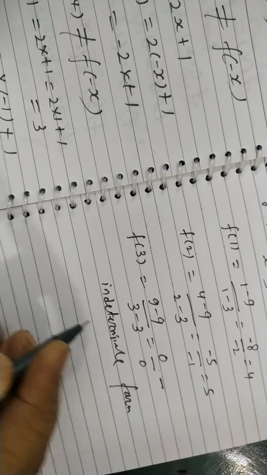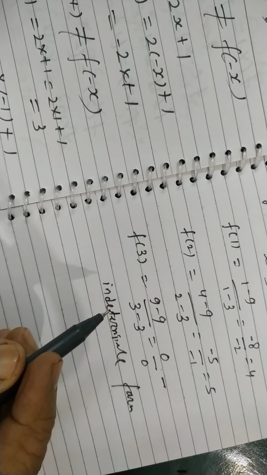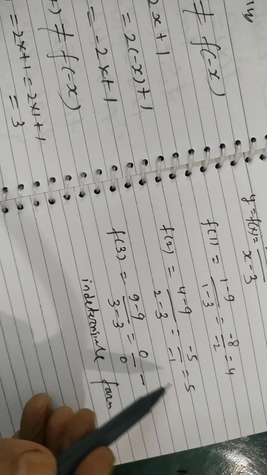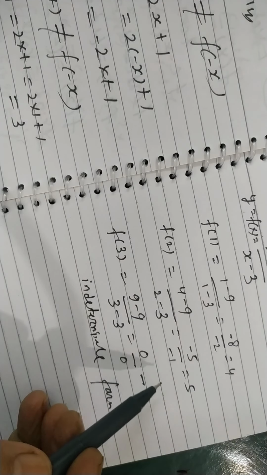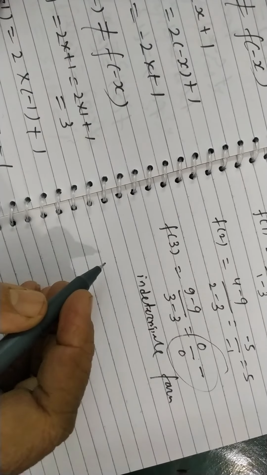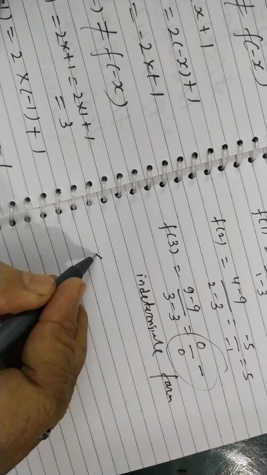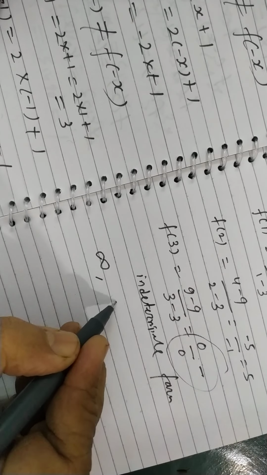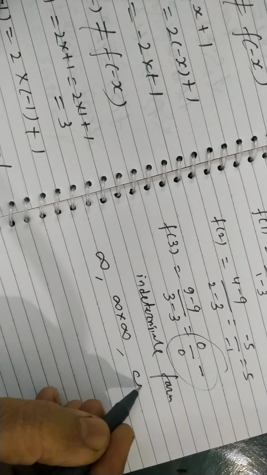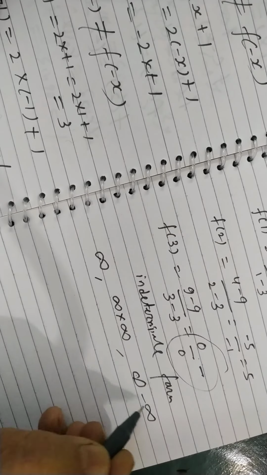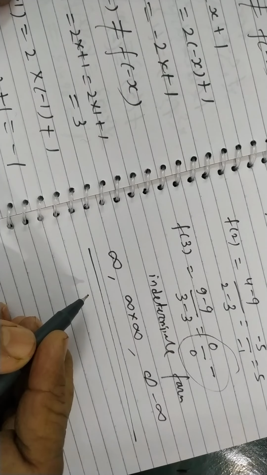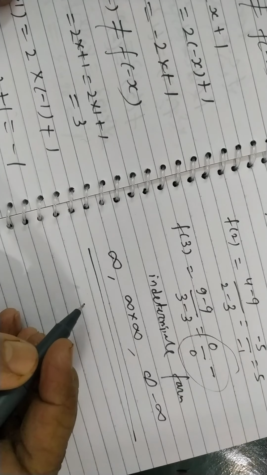In this position, the function is useless because it is not indicating any value which can be counted. Undefined terms. If a function gives a form like this, 1 into infinity, infinity minus infinity, an undetermined form, then we take up the concept of limit.